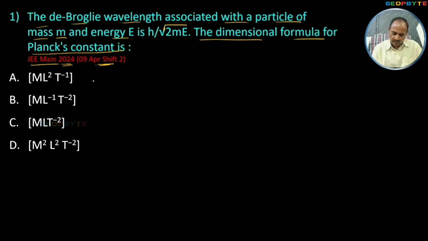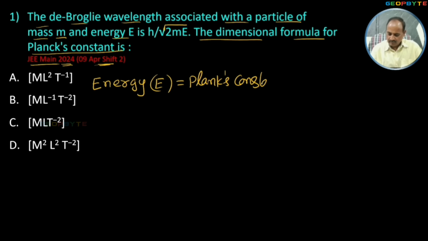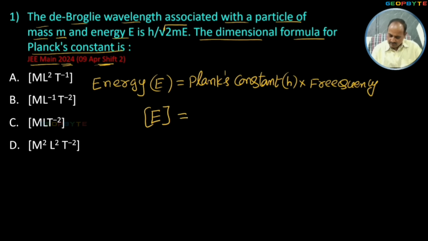You know, energy E equals Planck's constant h multiplied by frequency. So the energy dimensional formula equals the Planck's constant dimensional formula multiplied by the frequency dimensional formula.